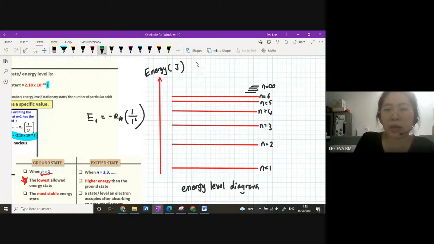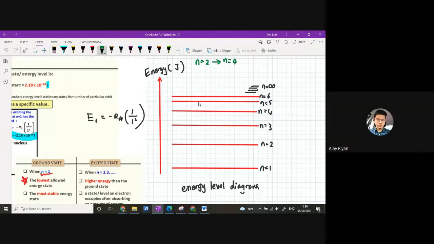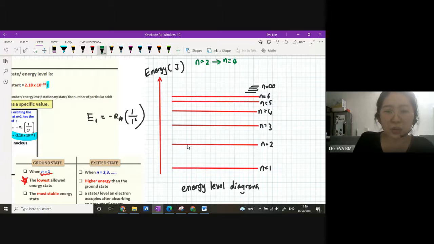So kalau madam bagi satu scenario n equals to 2 to n equals to 4, macam mana awak nak gerakkan awak punya elektron? Mula-mula dia dekat mana? So where is your initial electron? N equals to 2. So over here you have your electron. So this electron from energy level 2 will raise onto energy level 4.